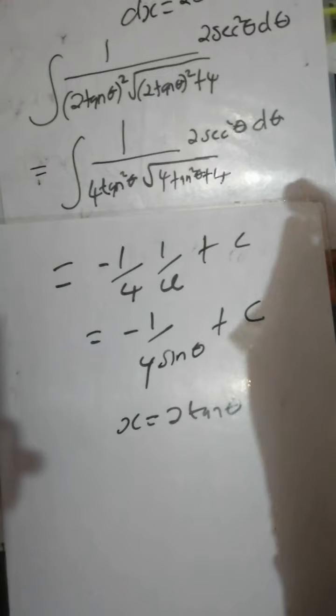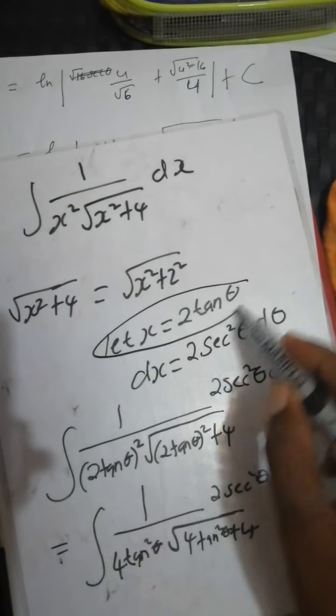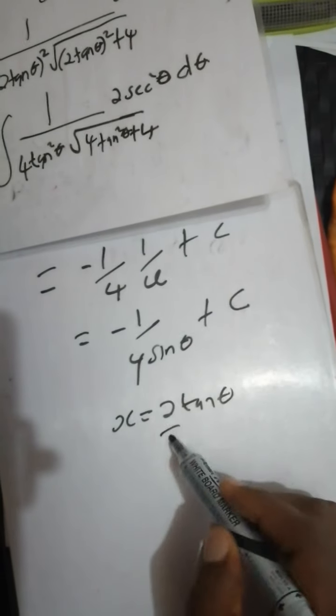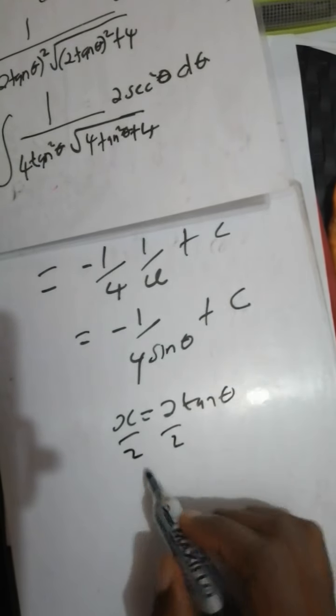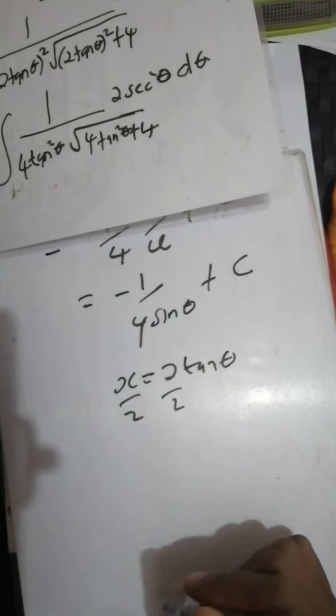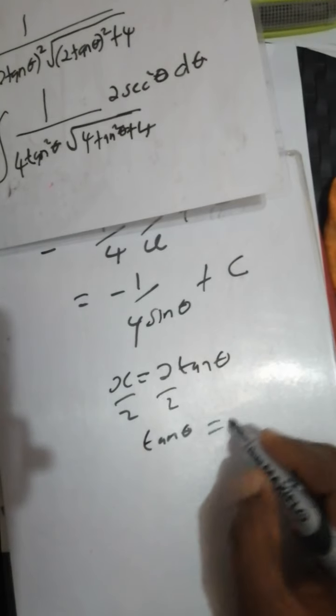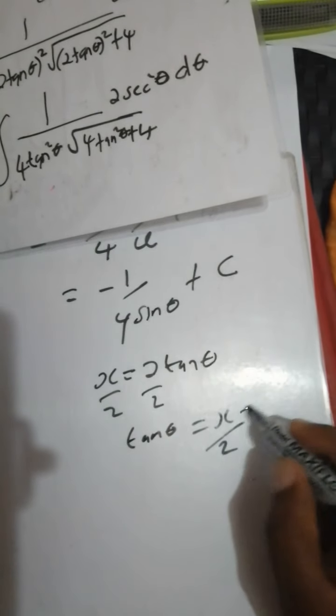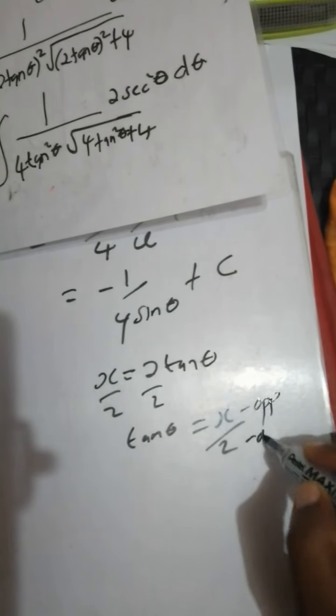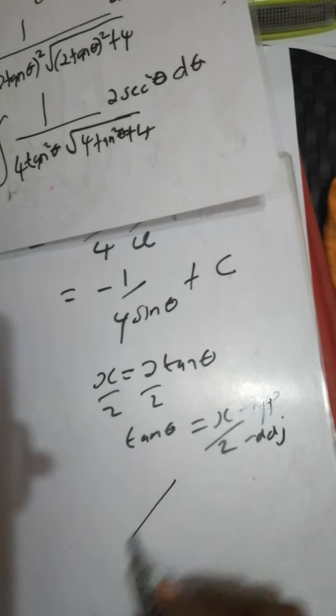So if you remember, initially we said we let x equal 2 tan theta. So divide by 2. We want to express our answer in terms of x. So tan theta equals x over 2, and we know that tan theta is the same as opposite over adjacent from high school.